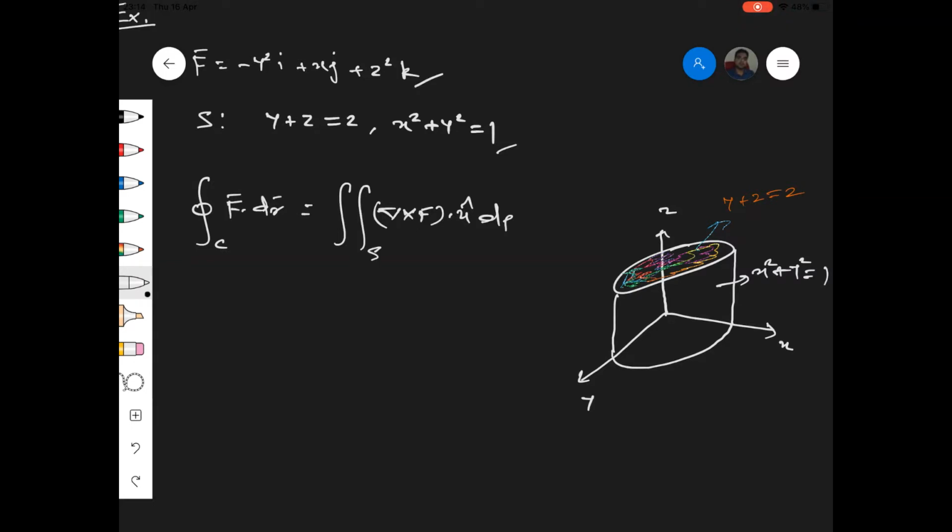So here our surface S is piecewise smooth, oriented, and it is bounded by a simple closed curve, which is this one. This is our C.